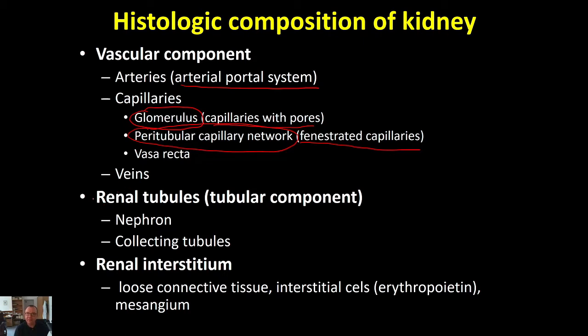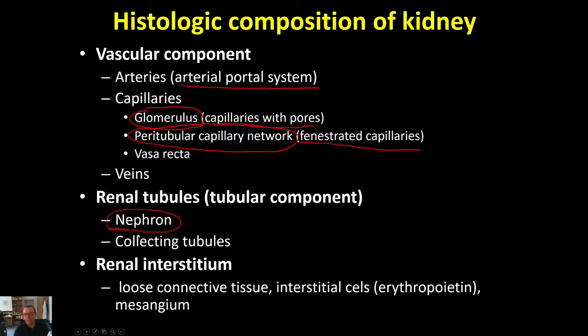The second histologic component of a kidney are renal tubules. There are many tubules, and they are, from a functional and also developmental, embryological point of view, divided into two groups of tubules. We can distinguish tubules of nephron.